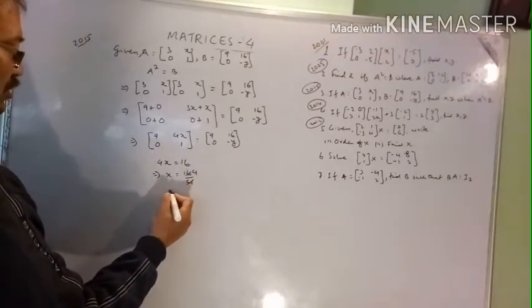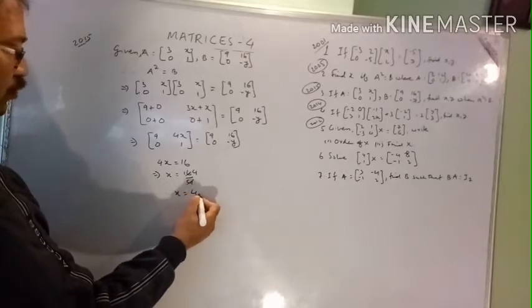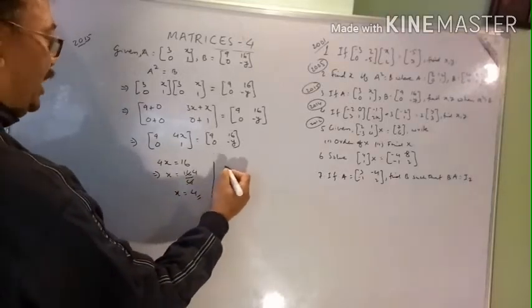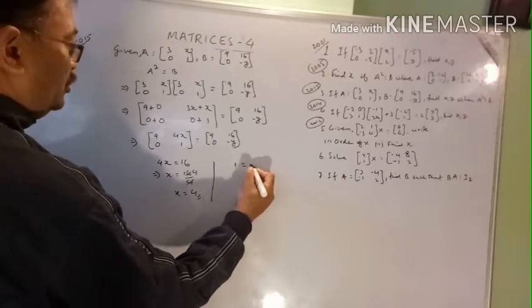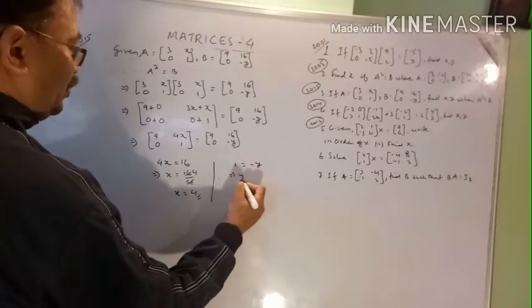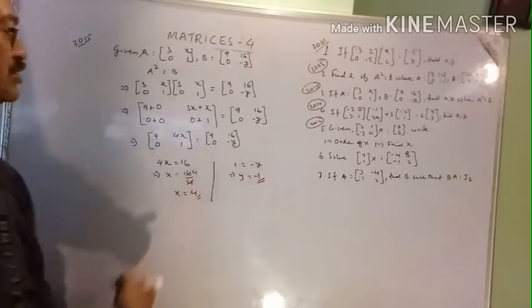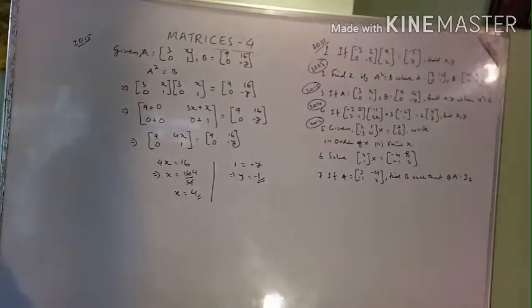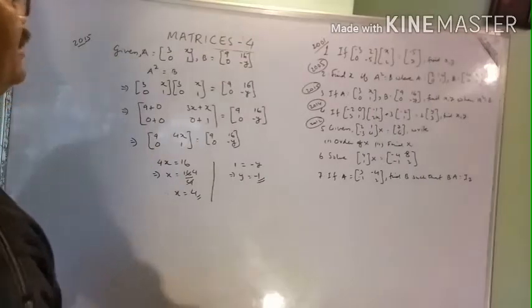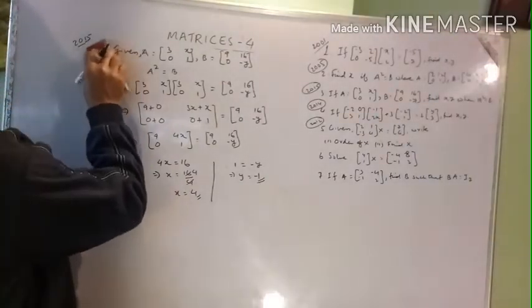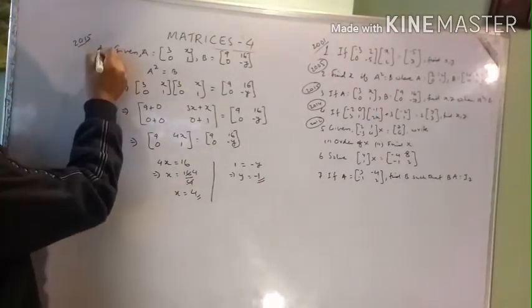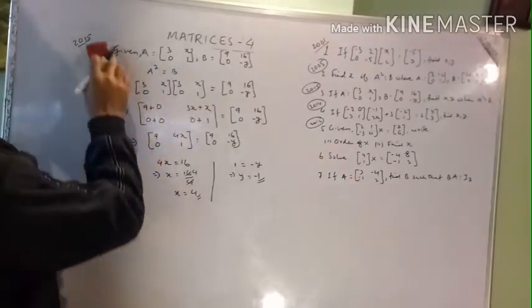So therefore x equal to 4. Also we have 1 equal to minus y. This implies y equal to minus 1, multiplying by minus sign both sides. 4 and minus 1 are the answers. Now this was question number 3. Now we'll take question number 4.